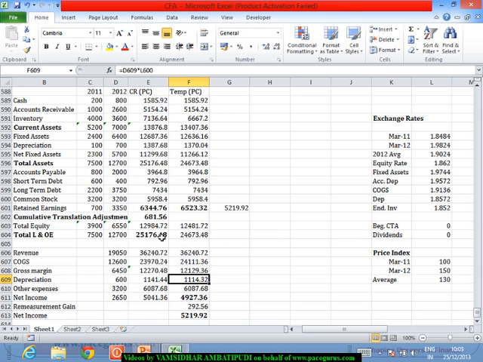So it may so happen that the cumulative translation adjustment which has resulted in a gain here, whereas even this was a gain but the gain is smaller. But it may so happen sometimes this number could be very much negative and this is positive.